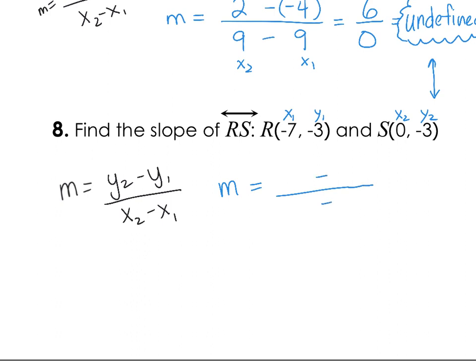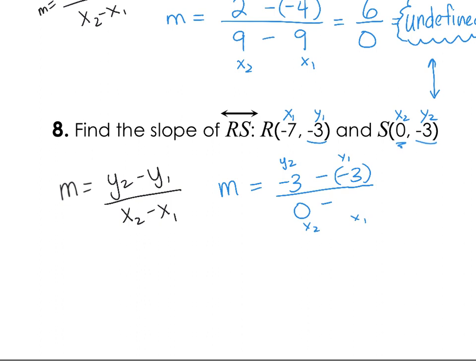I'm going to just set it up like this and plug in y2, y1, x2, x1. So my y2 is -3. My y1 is -3. My x2 is 0. Basically, this is just making sure that you do it in the same order.